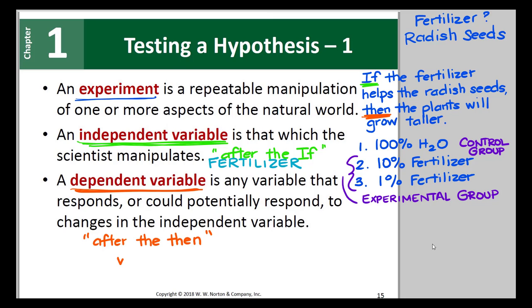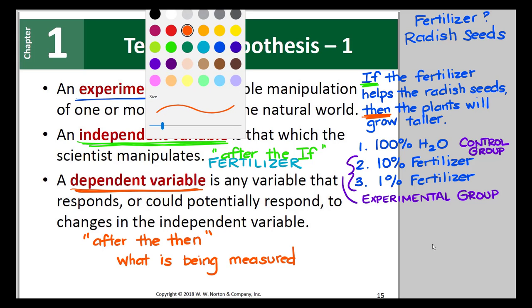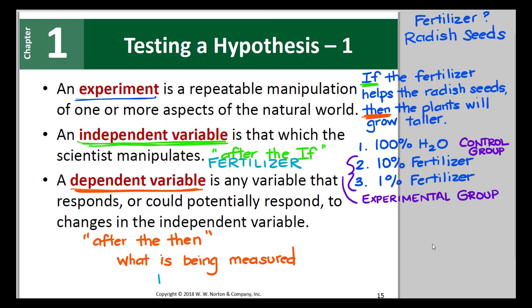So what is being measured? In this case, what I'm measuring is the height of the plants. So the dependent variable in this case is going to be the height of the plants.